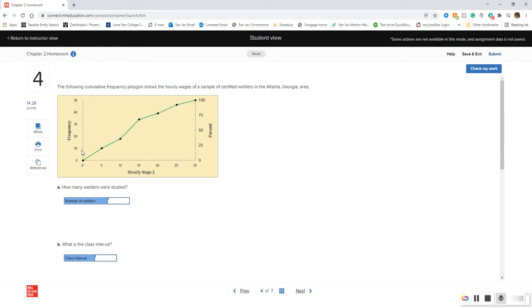Let's see, there's 10, 20. Actually, we got 5, 10, so those are hourly wages. We're at percentage. So really, we got to match up on those.